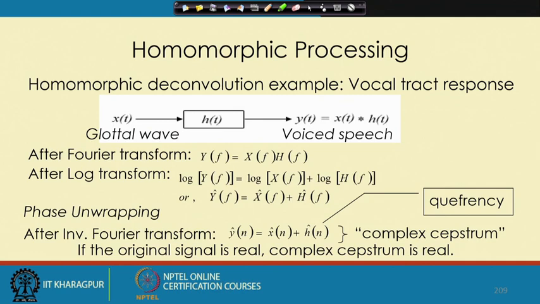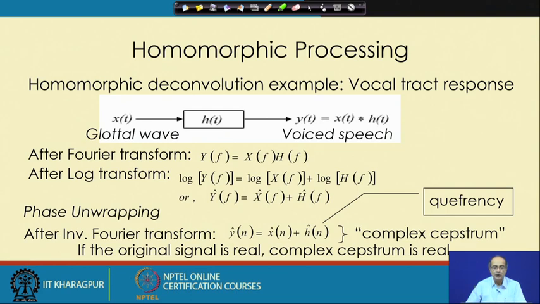Now, if we want to separate the two things, one is the glottal pulse and another is the vocal tract, they are convolved with each other and we need to take the help of this homomorphic deconvolution. Now, before that, first try to understand why we would be interested in such kind of activity. There could be many applications which will need only one component of them.